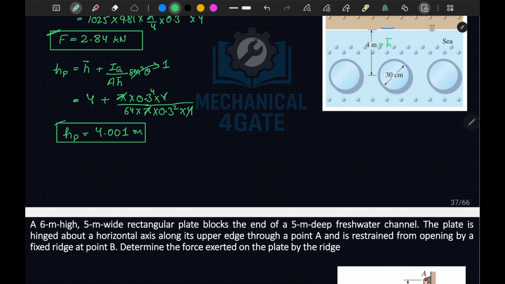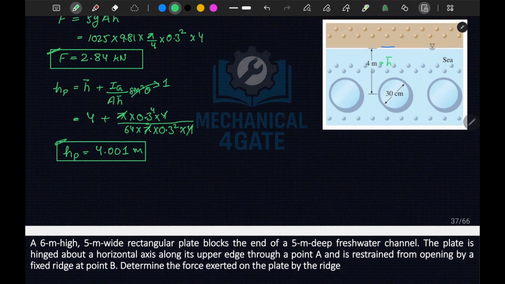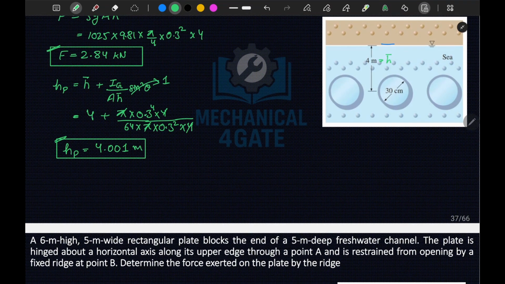So you can see although the difference between h bar and HP is very small, that is 0.001 meter, which is 1 mm, it still exists. And that is when this diameter of the window is 30 centimeters and the height is 4 meters. Now the smaller the area of this glass window will be, the lesser will be the difference between h bar and HP.